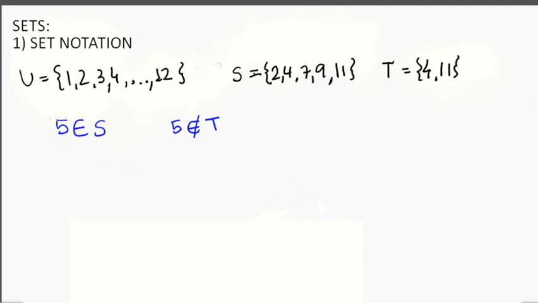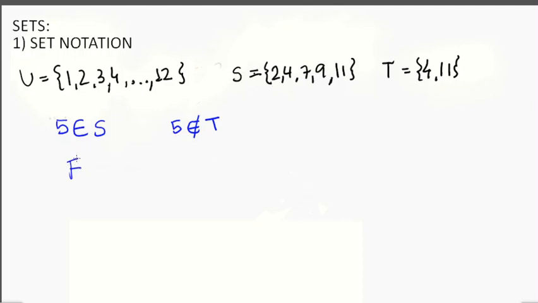Now, just for us to practice, would those be true or false? So 5 is an element or is a member of set S, or 5 is not a member of set T. So 5, well, if we look at set S, it's not in here, so it's not a member, so that would be false.